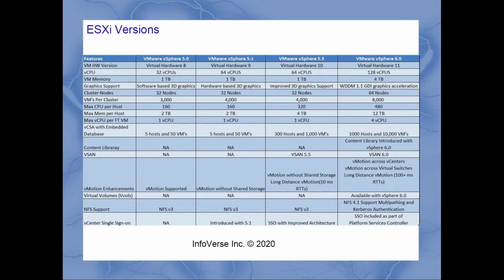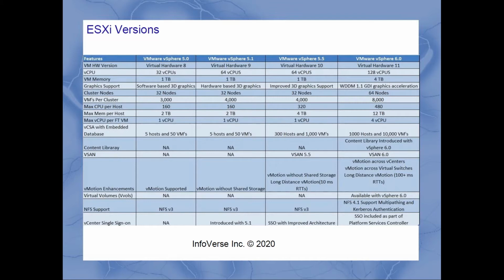As we move to VMware vSphere 5.5, that came after maybe a couple of years, we see that there's an enhancement in terms of capability. We can support 64 virtual CPUs, which is double what was supported in 5.0. The number of VMs per cluster has gone up to 4000, and so on.